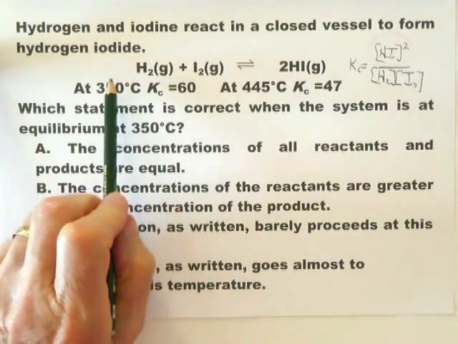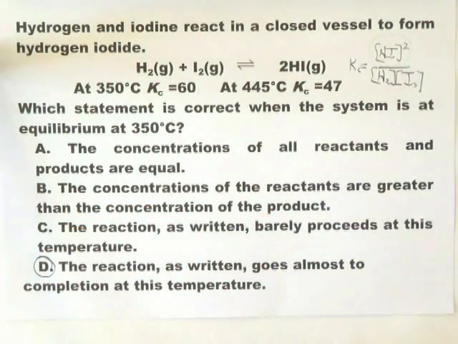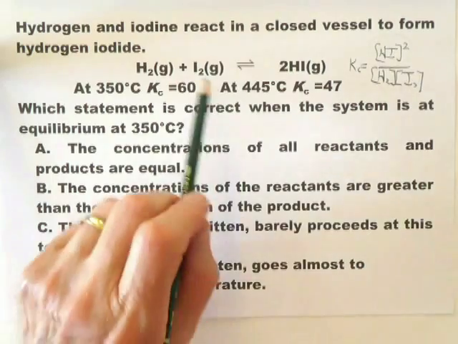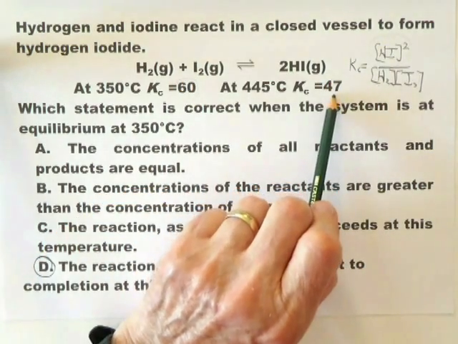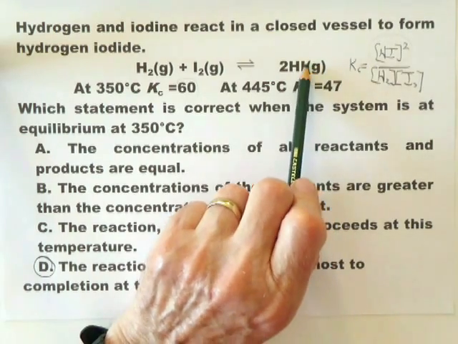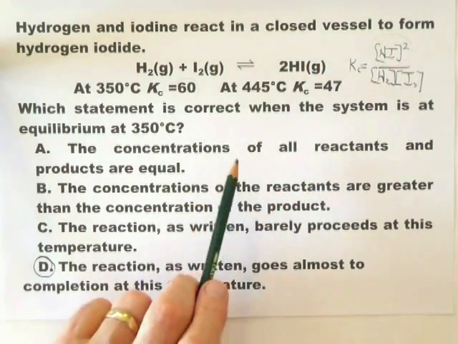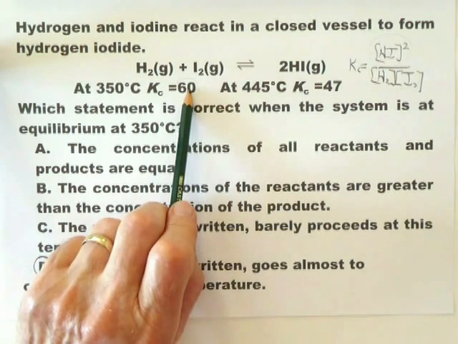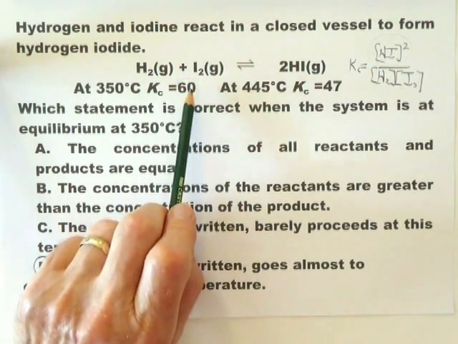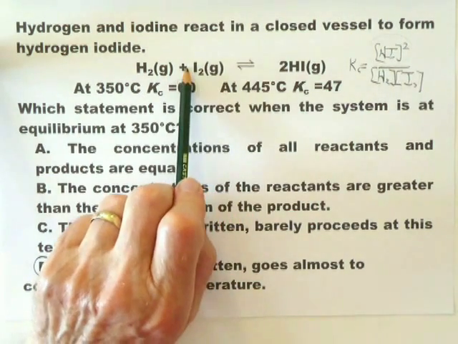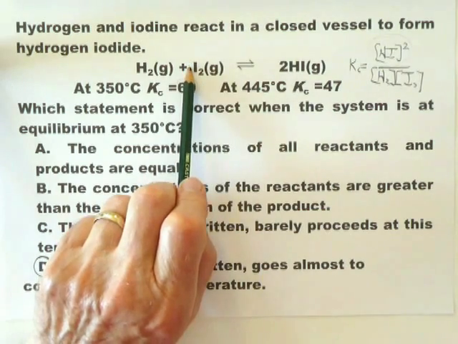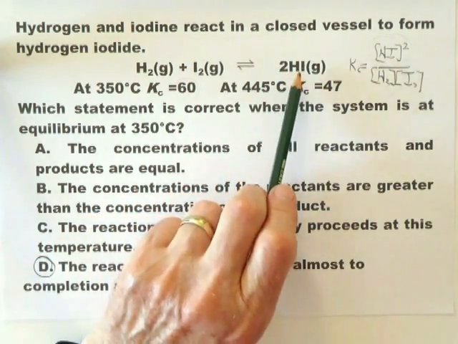So you didn't need to worry about the fact that they gave you these 2 Kcs at different temperatures. It's just one of those questions which, if you understand the concepts behind the equilibrium situation, and you understand that a number of 60 or 47 for Kc indicates there's high concentration of the product, and therefore the reaction goes to completion, whereas a number which is 10 to the minus 5 for Kc indicates that the reactants stayed as reactants and did not go to products.